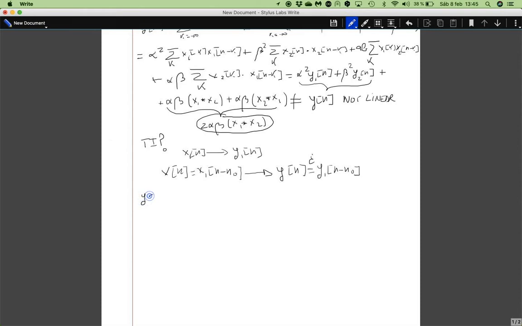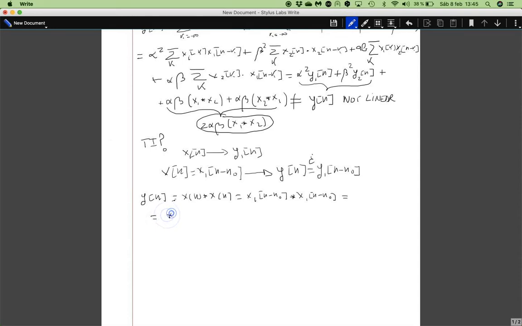Okay, so let's go ahead. y[n], by definition of the system itself, is x[n] convolved with x[n]. In this case, x[n] is x1 delayed n0 samples, so this will be x1 delayed n0 samples convolved with x1 delayed n0 samples. We can write this using the property of the convolution with a delta.